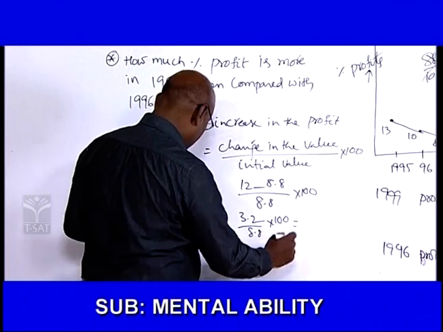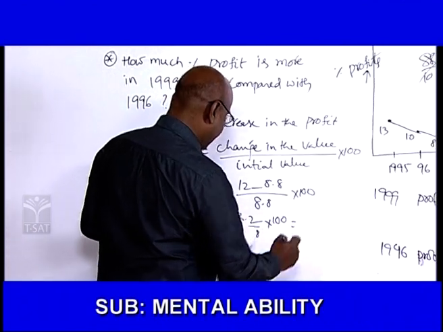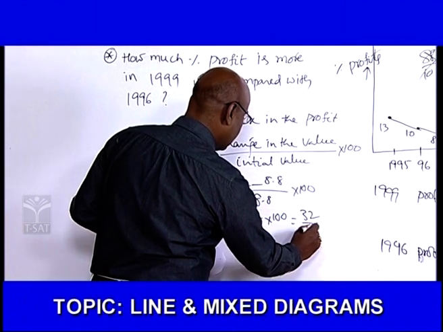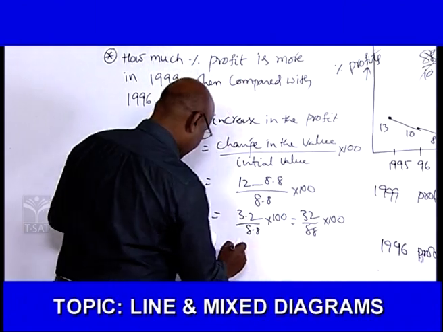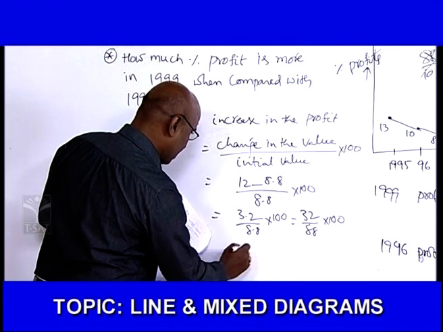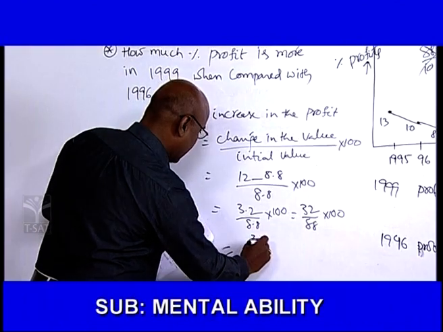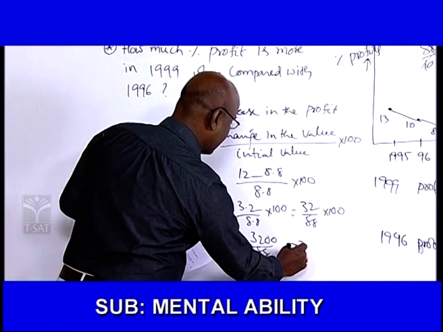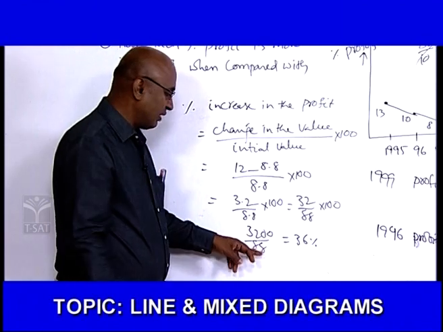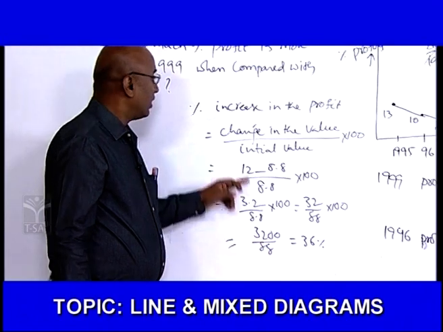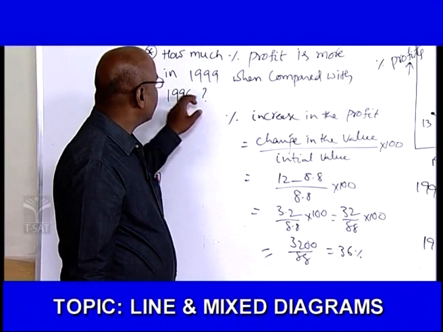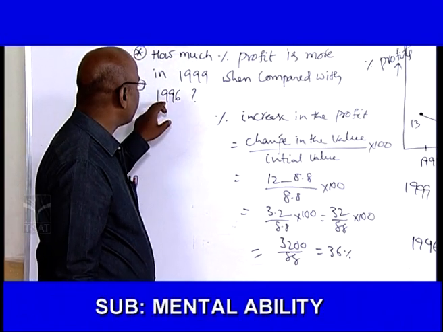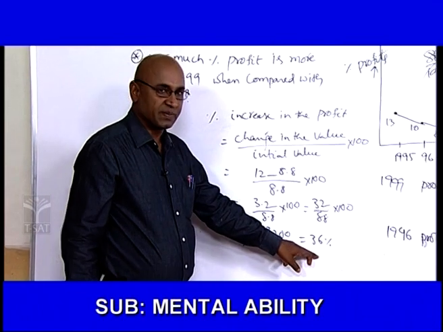That is equal to 32 by 88 into 100, which is 3200 by 88, that is equal to 36%. So the percent increase in the profit in the year 1999 when compared to 1996 is 36%.